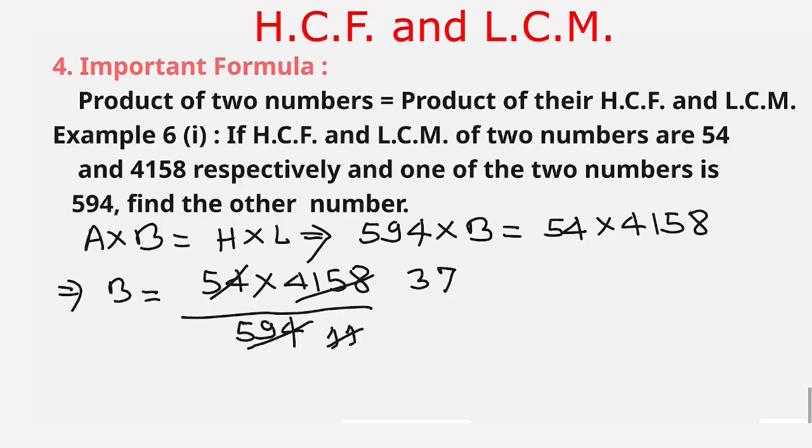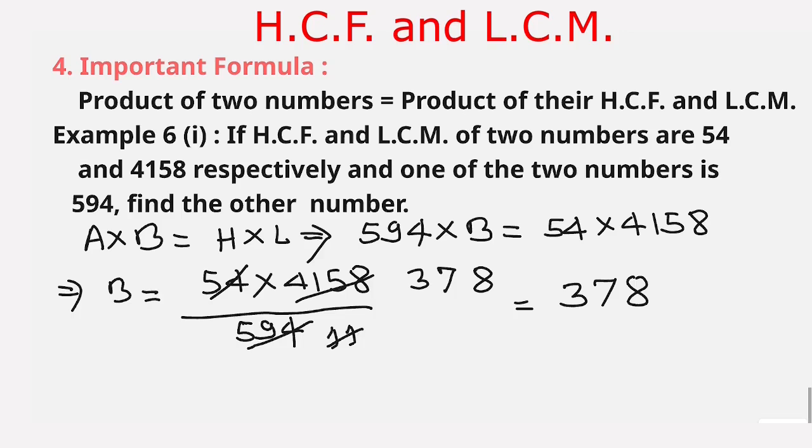And 85 minus 77 is 8. We carry 8 again, so it becomes 88. 11 divides 88 for 8 times. So the other number we get is 378. This way we can find the second number if we have the HCF, the LCM and one of the numbers.